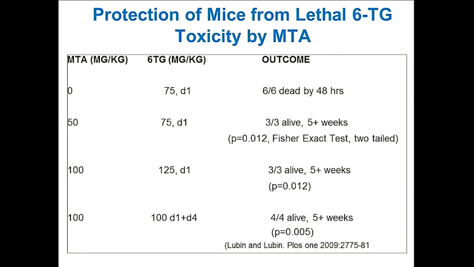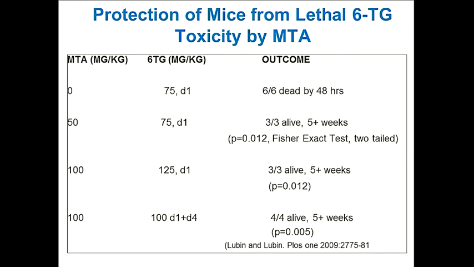This is a study that Martin Lubin and his son did several years ago. And it shows that by pre-treating mice with methylthioadenosine, 50 milligrams or 100 milligrams, one can protect mice from a lethal dose of 6-thioguanine. In the presence of MTA, 50 milligrams per kilogram, a lethal dose of 6-thioguanine is completely obviated.